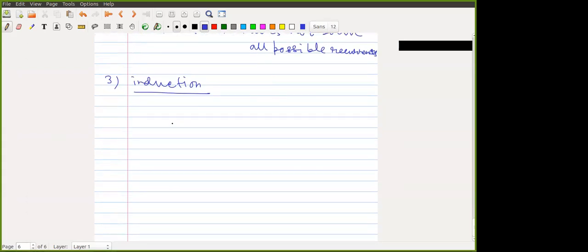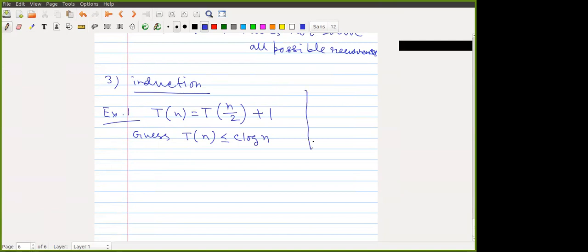So for example, let's see this problem. Let's see example one, which is this binary search recurrence: T of n is T of n by 2 plus order 1, plus 1. So our initial guess is T of n is less than or equal to C log n, right?